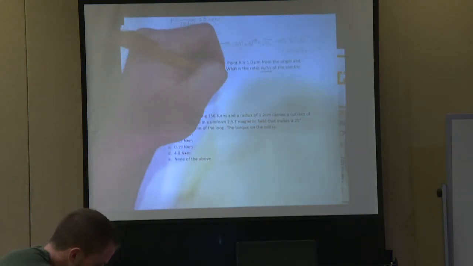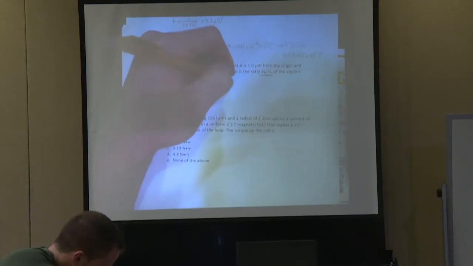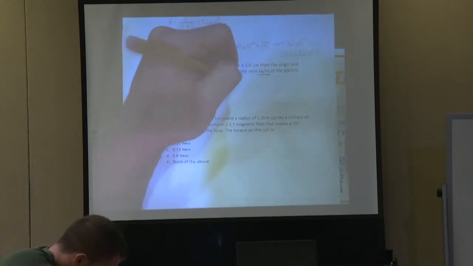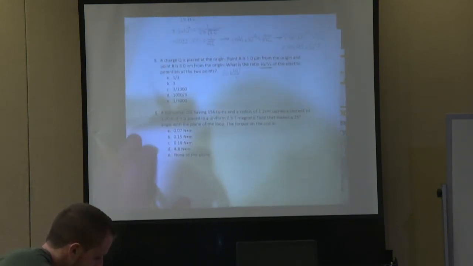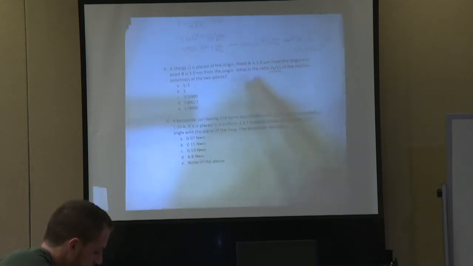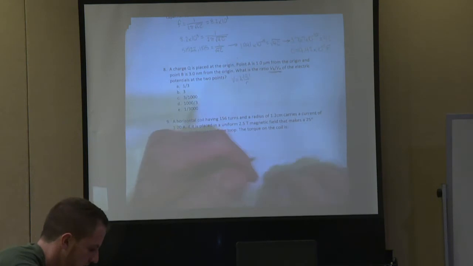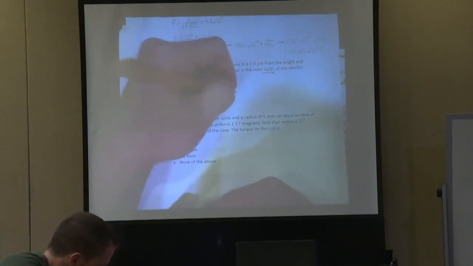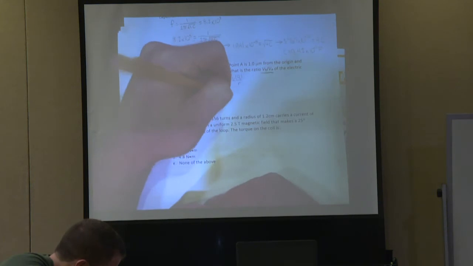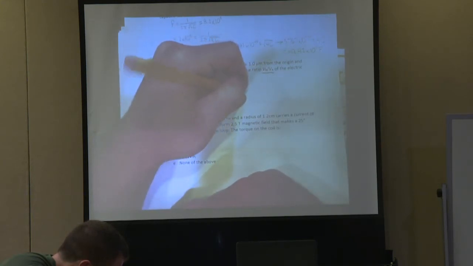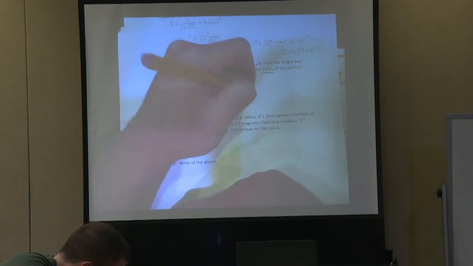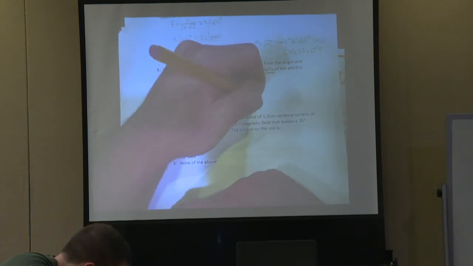And remember that potential equals K times Q divided by R. So we don't have Q, and K is a constant. So we'll do KQ over RB divided by KQ divided by RA.